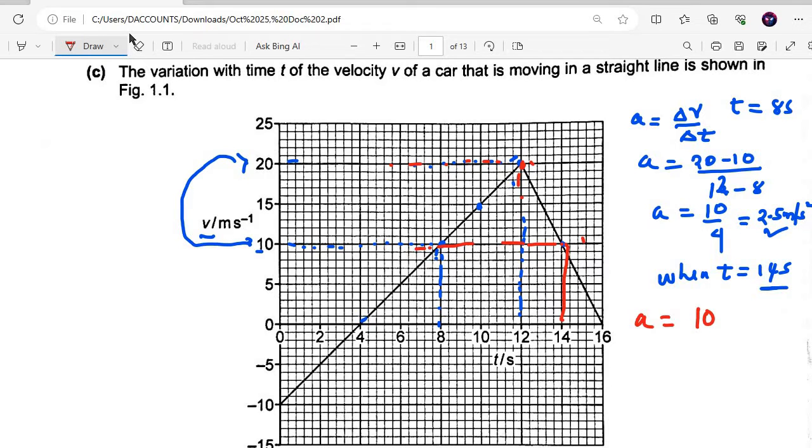We take final minus initial, 10 minus 20, and the time is increasing, not decreasing. So the time between both of them is 14 minus 12. Here we have minus 10 over 2, which gives minus 5 meters per second squared. If you pick any other point on this line, you're going to get the same thing.